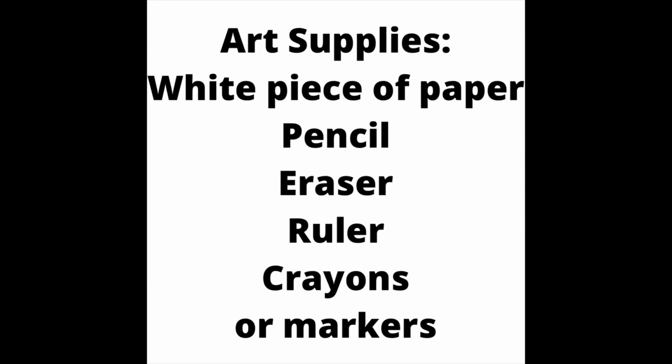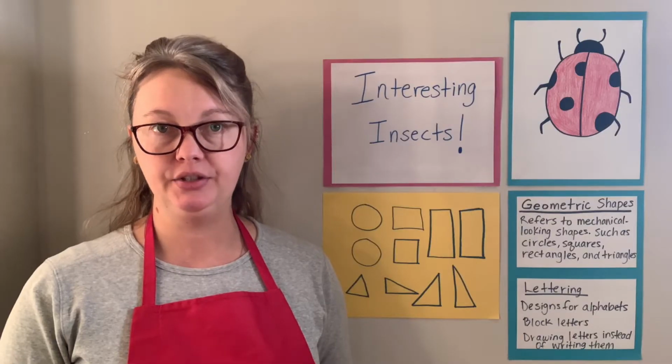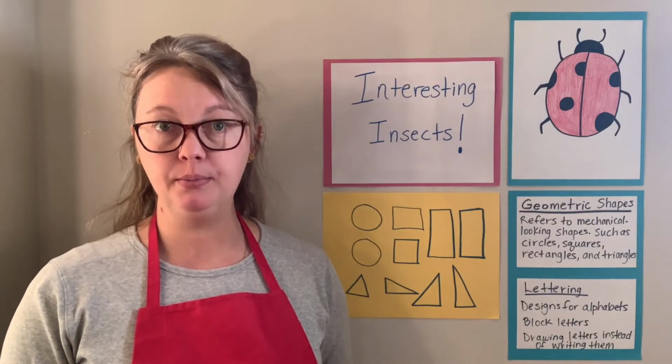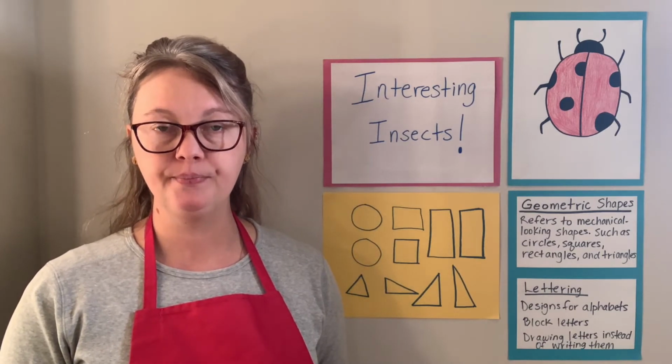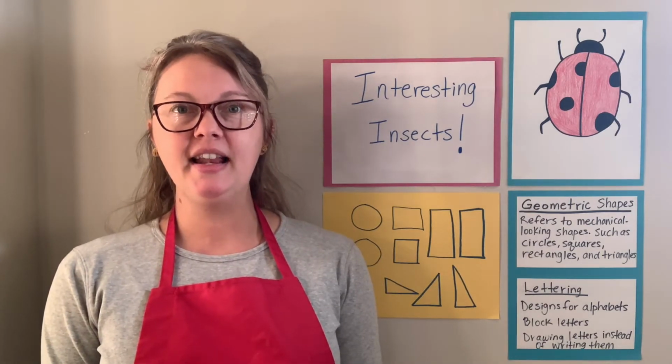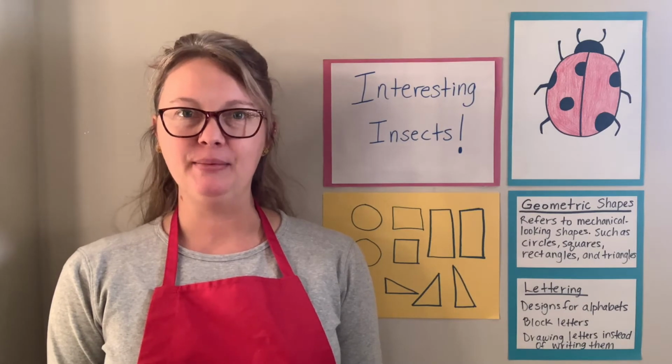What you will need today is another piece of white paper, a pencil with an eraser, a ruler. If you don't have a ruler, you can use the edge of a book, but see if you can get a ruler from your teacher or your parent. Then we will be using colors, so crayons, or if you get permission, you can use markers. Let's gather our supplies, and I will meet you at the art table.